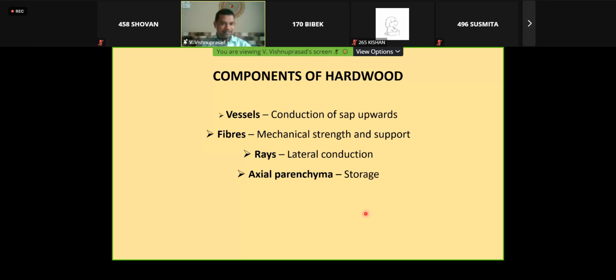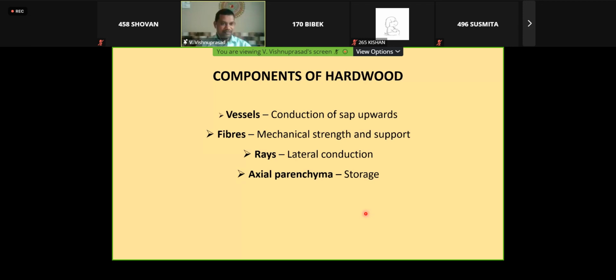When the distinction between the vessel diameter is so apparent, we call it ring porous. On the other hand, if you observe the diffuse porous, you can see that the vessel diameter throughout the growth ring is more or less constant within the same range. So we call it diffuse porous. And if it is in between both of them, you can see there are slightly larger vessels, but the late wood vessels are not very small.